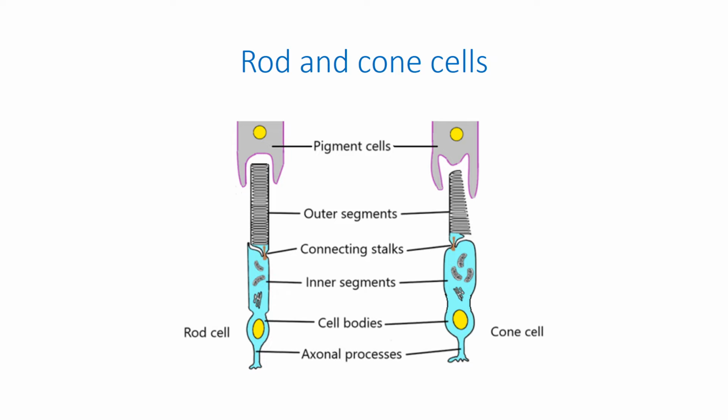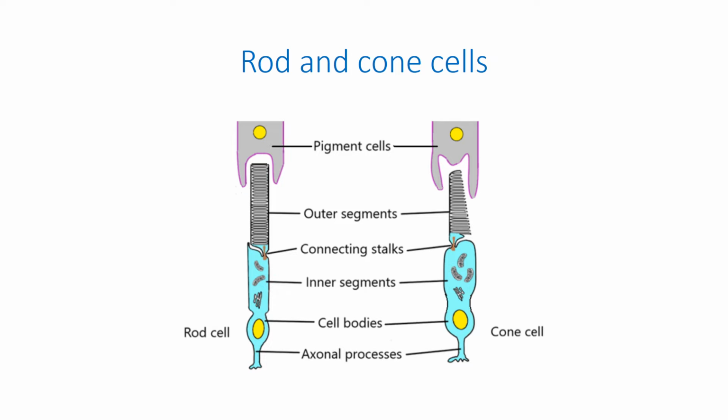In rods, the outer segments are long and cylindrical. In cones, they are shorter and conical. Both of them possess up to 1,000 tightly packed membranous discs that lie adjacent to the pigment epithelium of the retina.